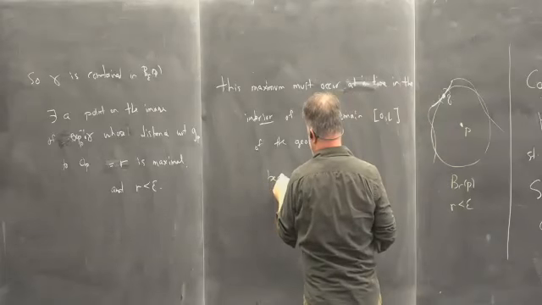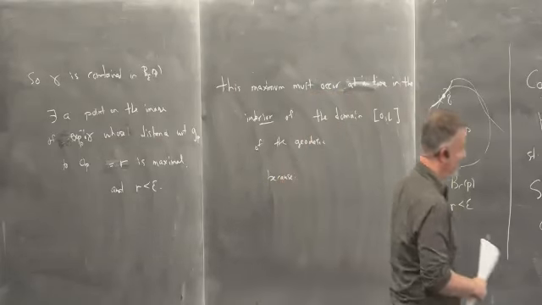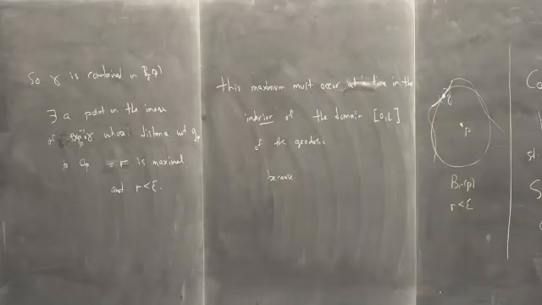Because why can't it occur at the endpoints? Because we know that the endpoints are inside the closure of the ball of radius beta.